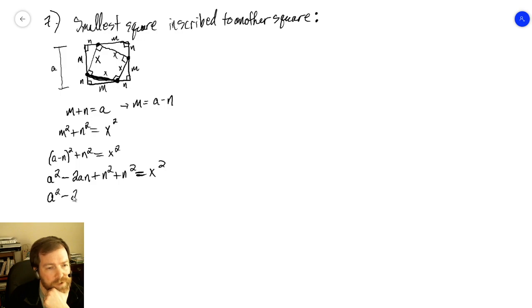A squared minus 2an plus 2n squared equals x squared. All right, if I try to replace x squared with m squared plus n squared or anything like that, it's just going to come out to be an identity, so that's not going to help.